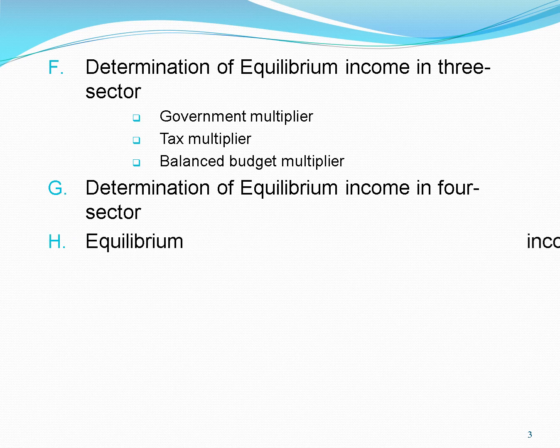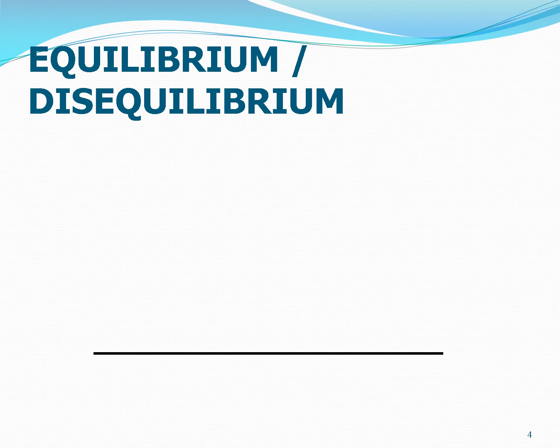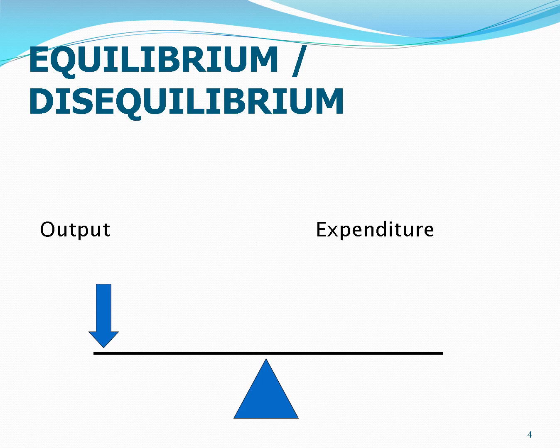Four sector, equilibrium income versus income at full employment. Equilibrium means your output.